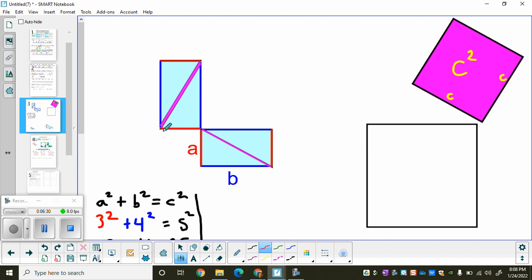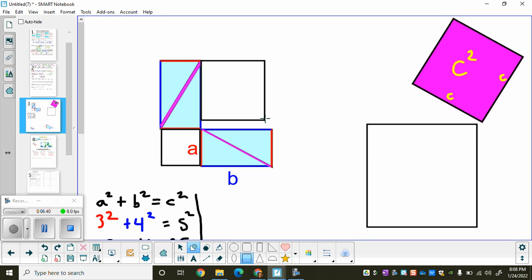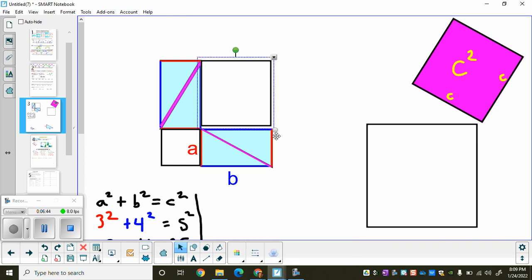Now in the meantime, I'm going to fill in right here with another square. Let me fill in a red square right here, and I'm going to put in another one right here. This one's slightly off, but that's good enough.